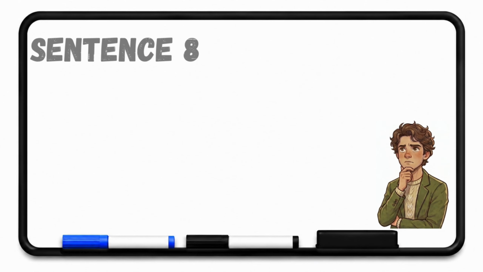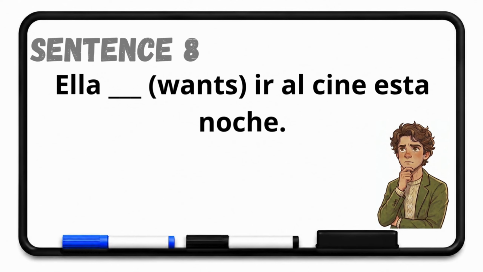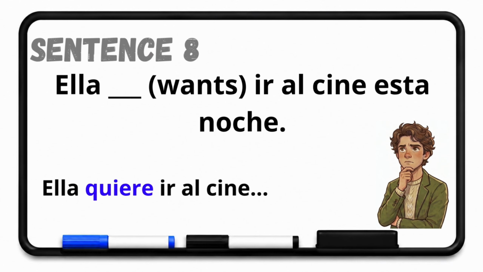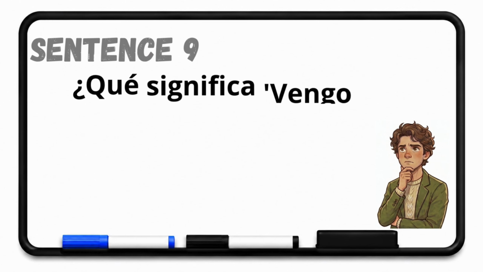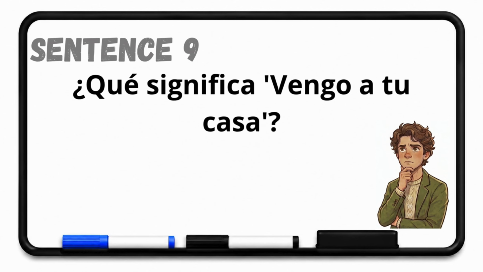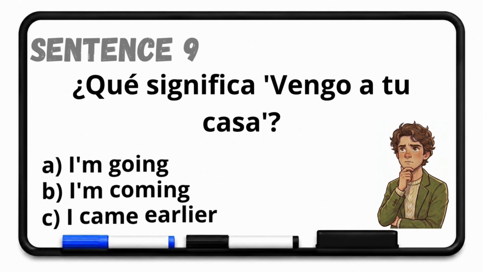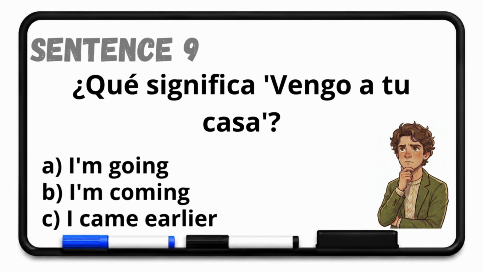Sentence 8. Ella ir al cine esta noche. Correct answer. Ella quiere ir al cine esta noche. Sentence 9. ¿Qué significa vengo a tu casa? A. I'm going. B. I'm coming. C. I came earlier.